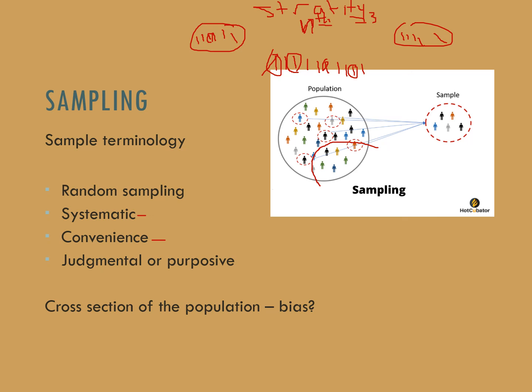So I'm gonna pull my sample from these people, and all of these other people that didn't make it into the clinic, I'm going to say that the information I find in my study relates to them, that it will work for them, but I'm not going to give them a chance at being included in my study. So that's convenient, right? Because I have access to certain people, but it's not necessarily the best way to pull a sample.